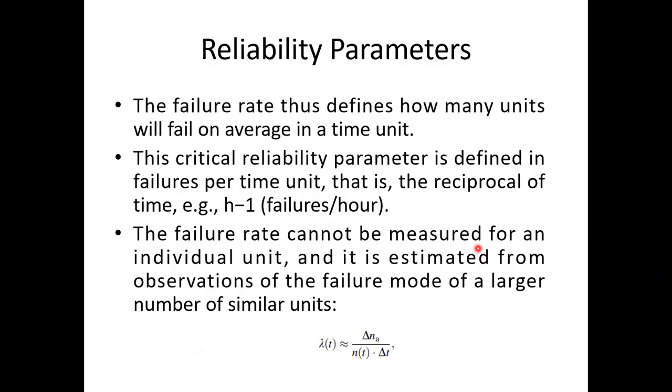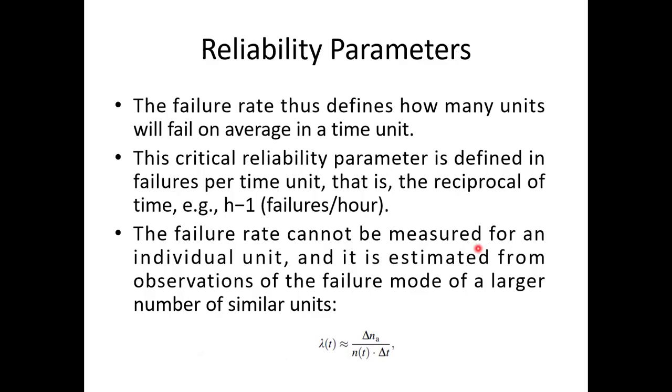This failure rate defines how many units will fail on average in a time unit. The critical parameter is defined in failure per time unit, that is the reciprocal of time, h to the power minus 1, failures per hour. The failure rate cannot be measured for an individual unit; it is estimated from observations of the failure rate for a large number of similar units.